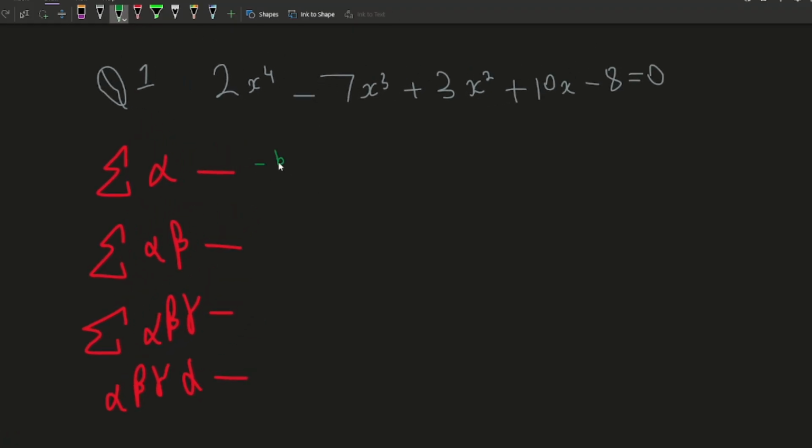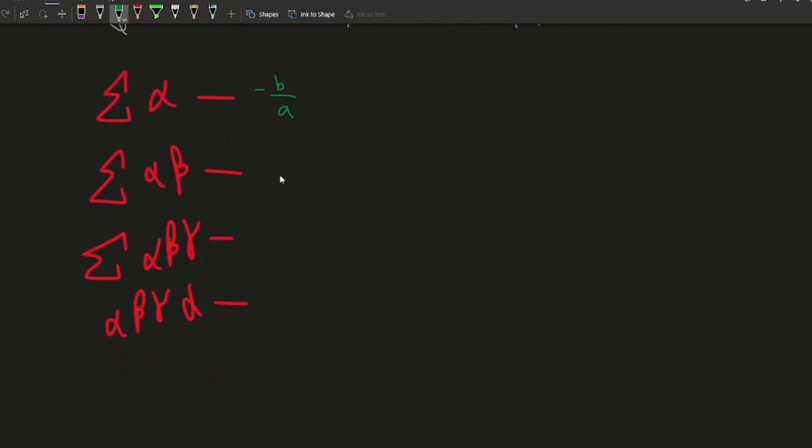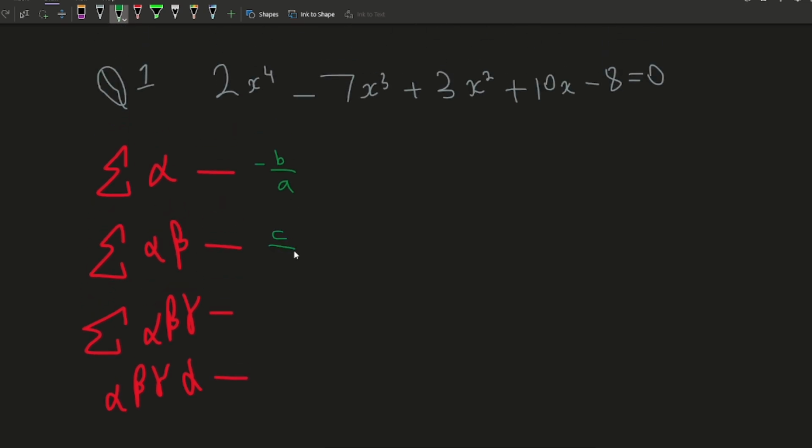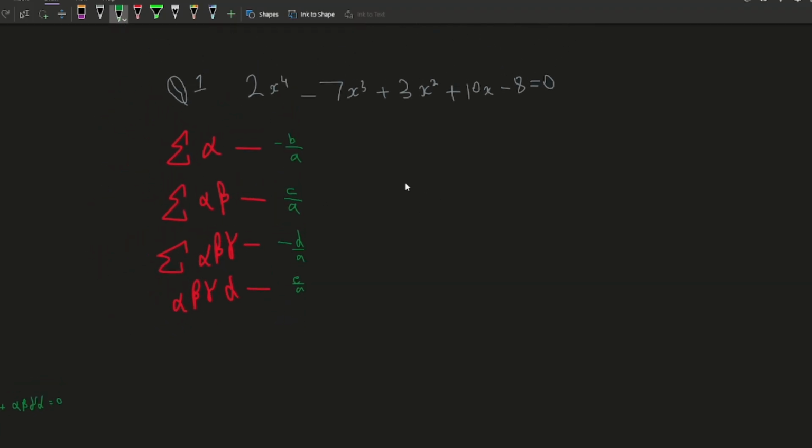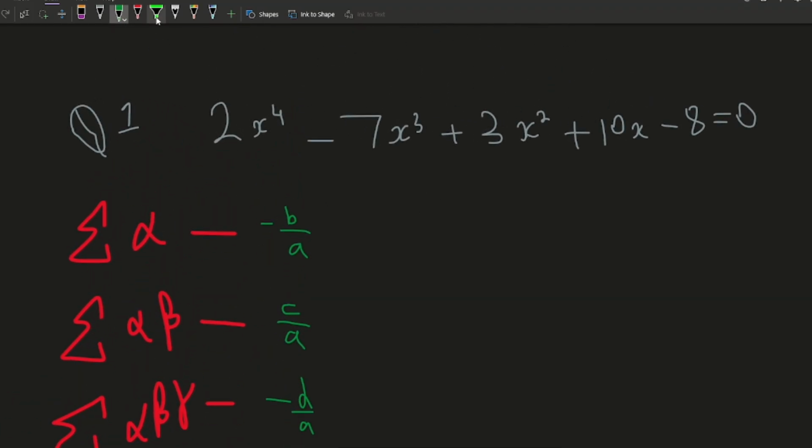This is minus b over a, this is c over a, this is minus d over a, and lastly this is e over a. So let's write the values for a and b: a equals 2, b equals minus 7, c equals 3, d equals 10, e equals minus 8.